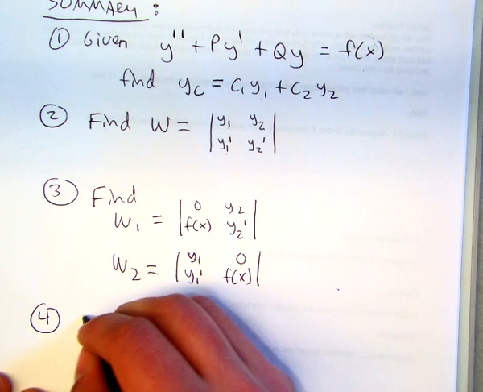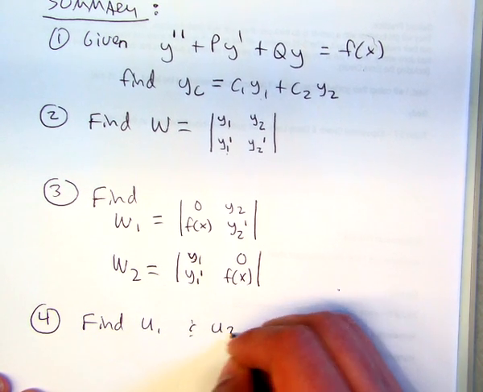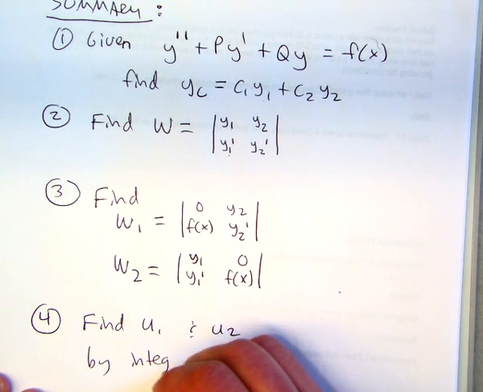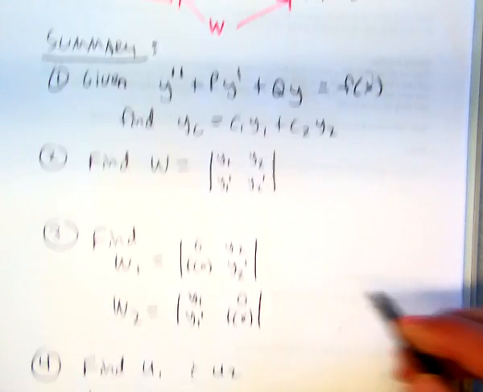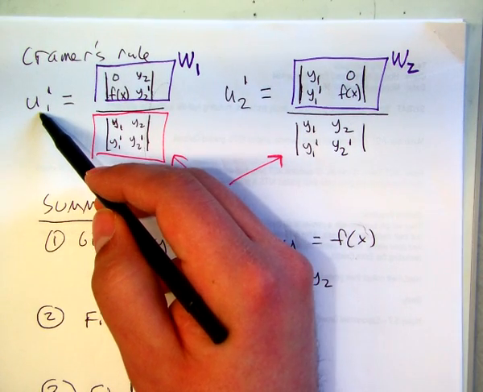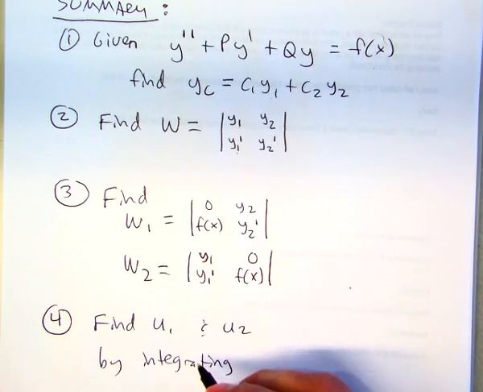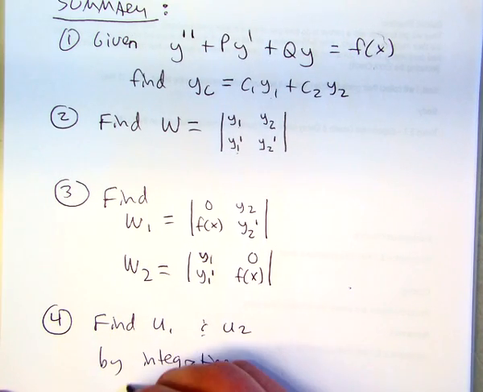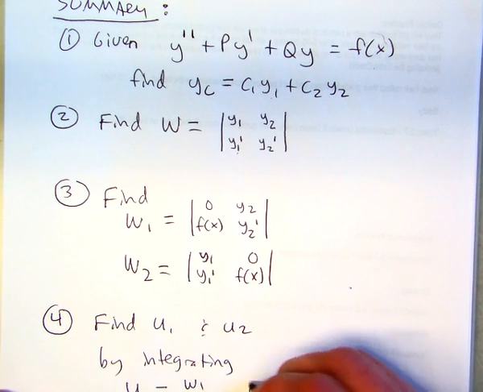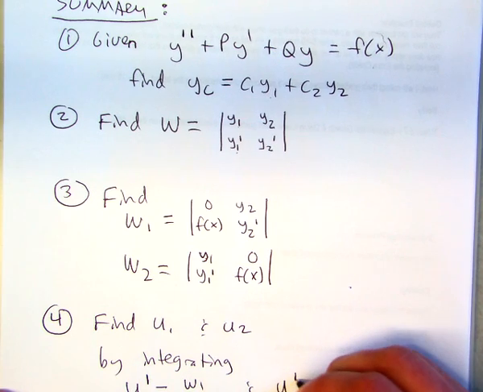We're going to find u1 and u2 by integration, which should make sense because these formulas up here told us what u1 prime and u2 prime are. So naturally, we're going to integrate: u1 prime equals w1 over w, and u2 prime equals w2 over w.